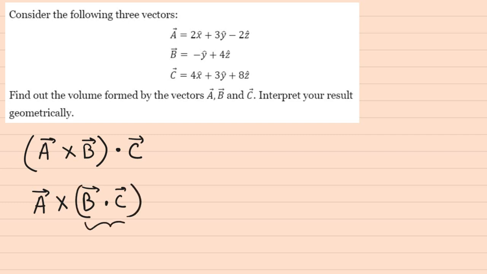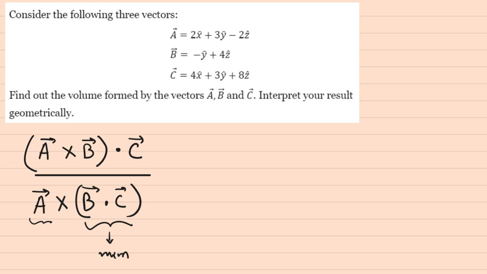Because B dot C is going to give you a number, but A is a vector, and you cannot take a cross product between a number and a vector. The cross product must be taken between two vectors all the time. Here, this is consistent in this expression. We have A cross B, which gives you a vector in return, and then you dot it with C, which in return gives you a scalar.